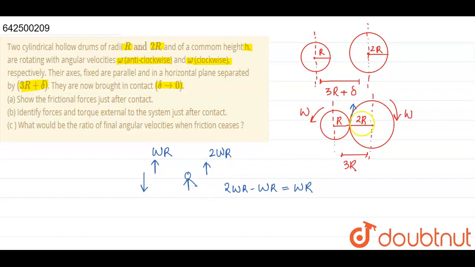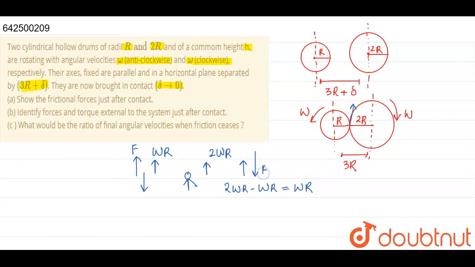So at this point, for this drum, velocity will be like this, that is omega r, and we know frictional forces always oppose the motion of the body. So if this is the velocity, this would be the direction of frictional force. But for the second drum, velocity would be like this and frictional force would be in this direction.